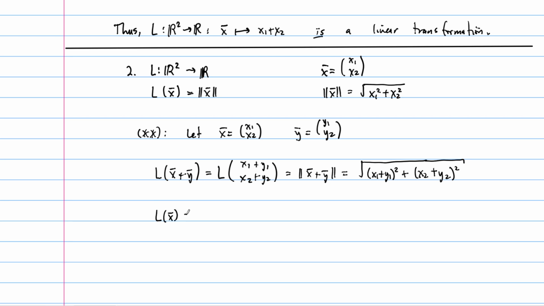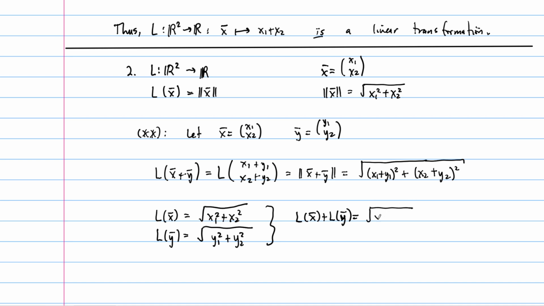What would the other side be? So L of x, we know, is the square root of the sum of the squares of x1 and x2. L of y is equal to the square root of y1 squared plus y2 squared. And if we add those together, L of x plus L of y, we get a sum of two square roots: the square root of x1 squared plus x2 squared, plus another square root, y1 squared plus y2 squared.